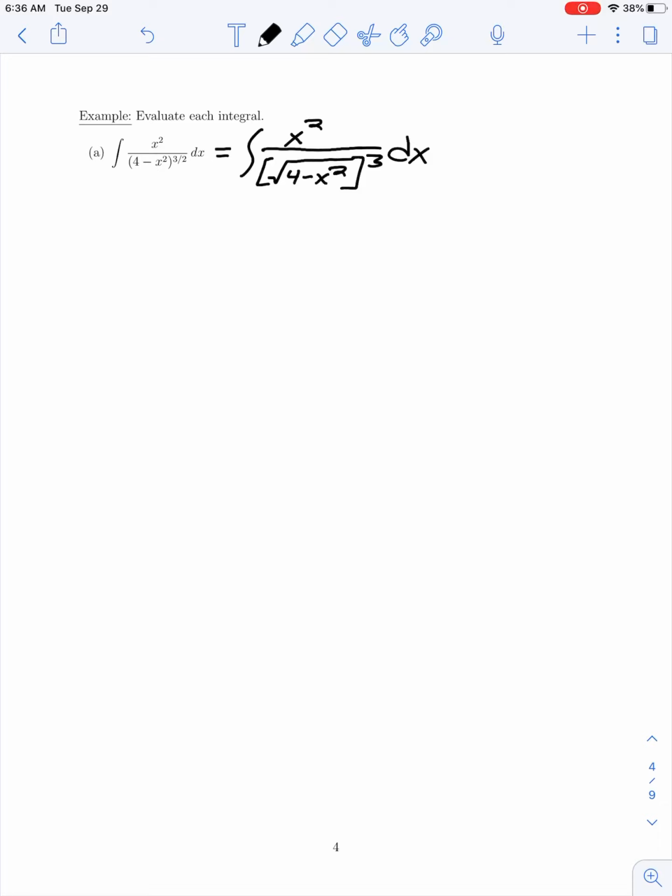So when we see that our denominator involves a square root of the difference of squares, 4 minus x squared, or 2 squared minus x squared, that suggests that we should try a trig substitution.